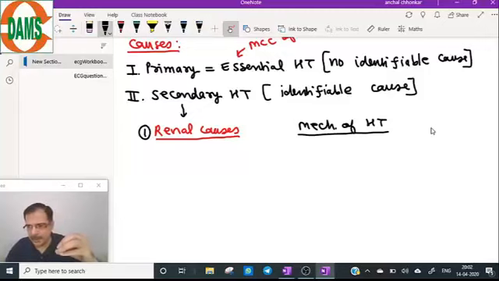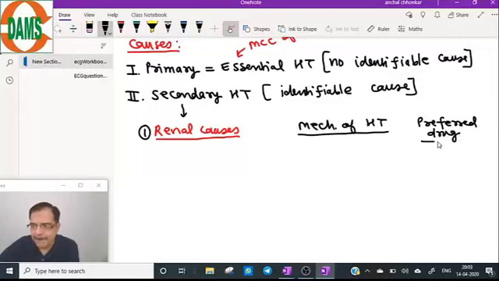Because if you identify a cause, you treat according to that cause, and blood pressure will be controlled according to that cause. So mechanism of the hypertension, and preferred drug for controlling that hypertension.